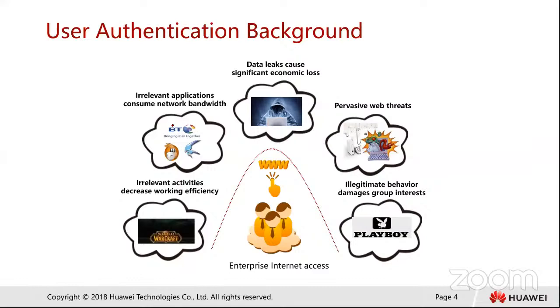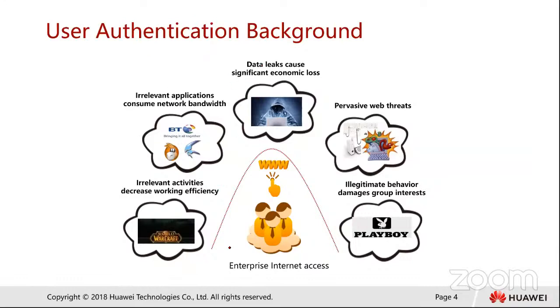But using only IP addresses and ports is no longer sufficient to distinguish users and applications on our network. The traditional access control policies based on quintuples cannot adapt to changes in the current environment. And that's why we want to look at this.